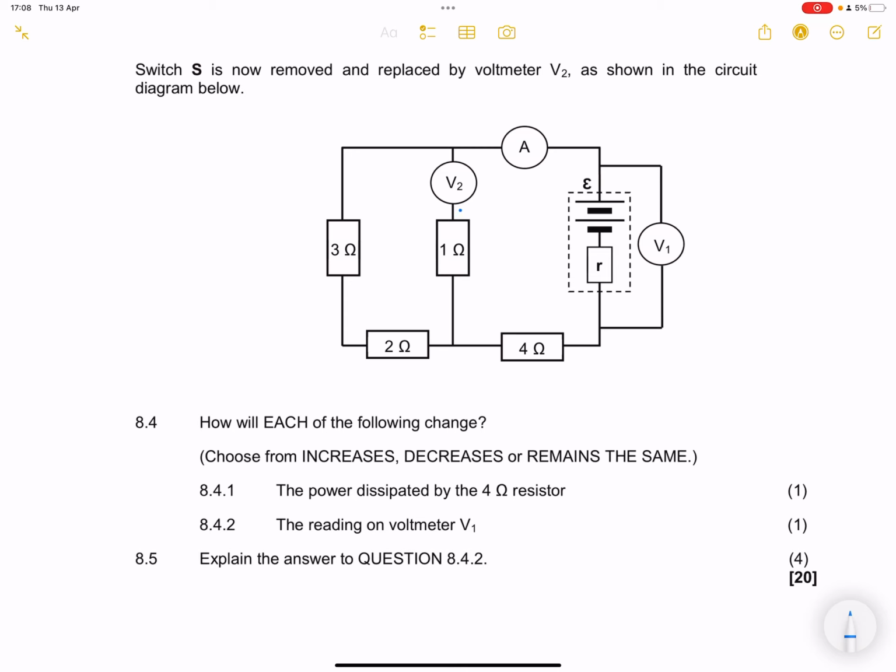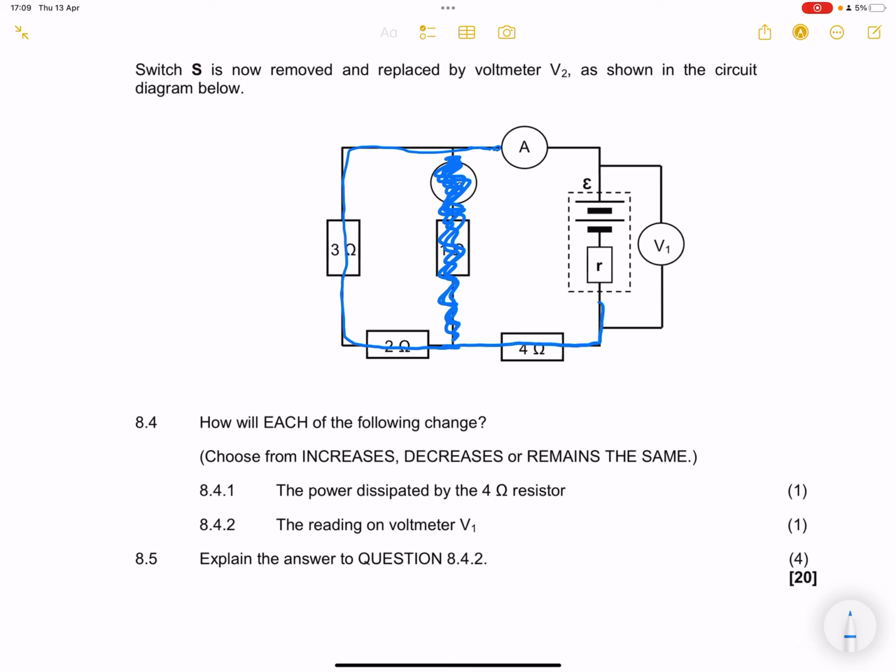So what does that voltmeter do? Remember, a voltmeter has infinite resistance. It will not allow current to pass through there. So what that voltmeter does is cut out that 1 ohm resistor. So the total current goes from A through the 3 ohm resistor, the 2 ohm resistor, as well as the 4 ohm resistor.